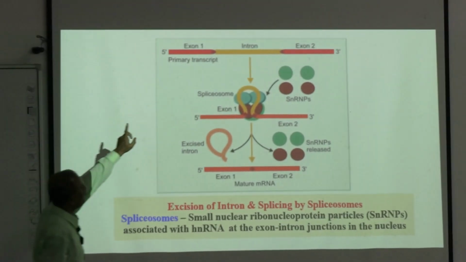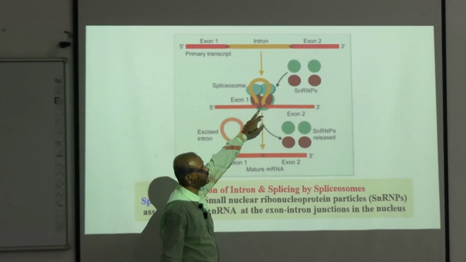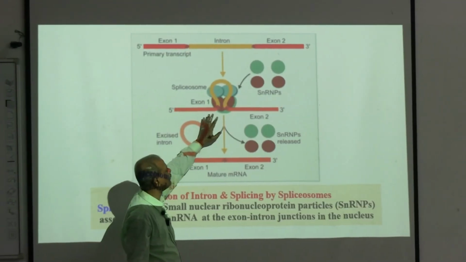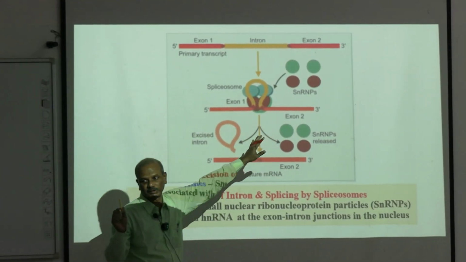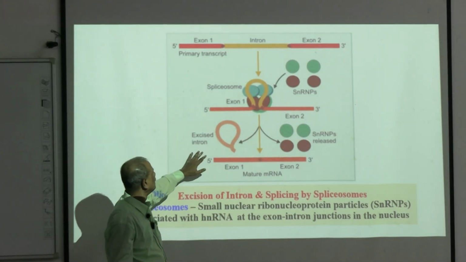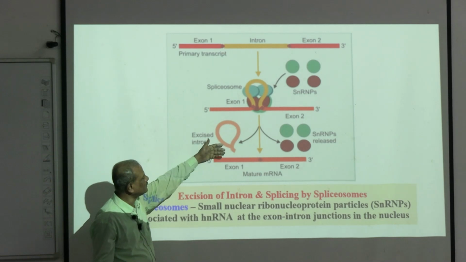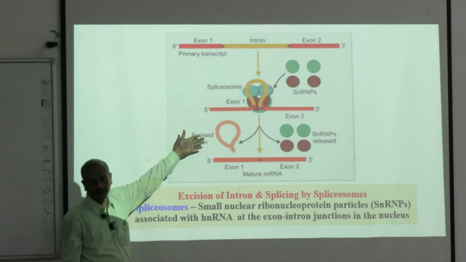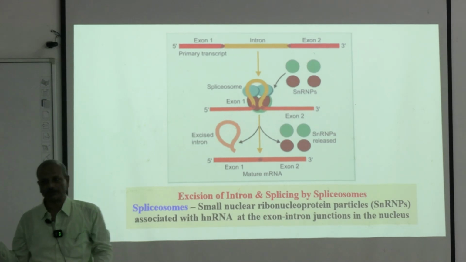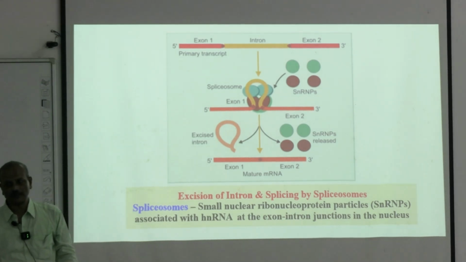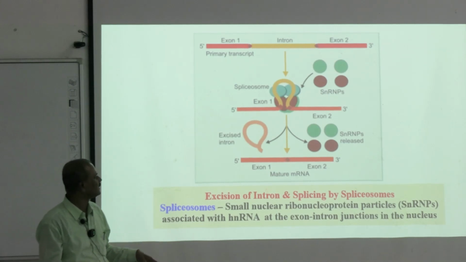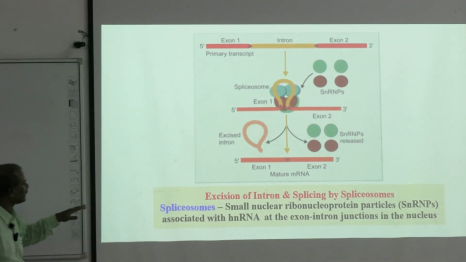You see this intron is there. The snRNPs, small nuclear ribonucleoproteins, more than 60 proteins are involved, and the intron is excised. It is shown schematically here, but the entire process involves the 5 snRNAs and more than 60 snRNPs. So this is the spliceosome.